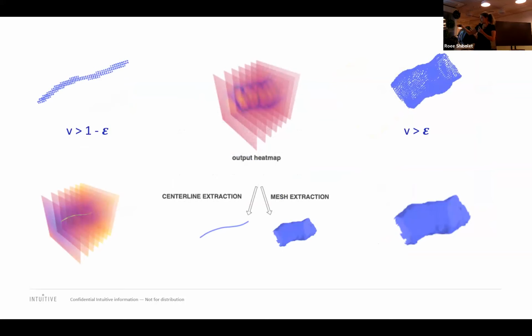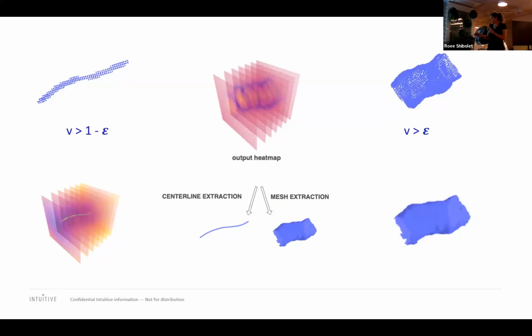We could just threshold this heat map and we would get something like this and like this. The problem is that this solution lacks structure. What we get here are just point clouds, and what we want is for the center line to be a single connected path, and for the completed column segment, we want a mesh from which we can estimate the surface.